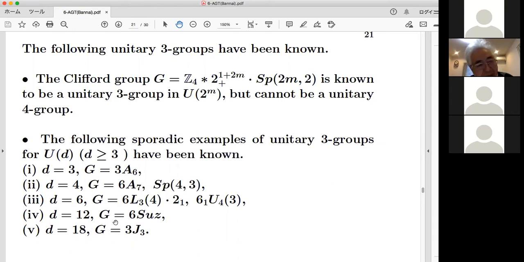These are sporadic examples and one infinite family. And this J3 is the third Janko group. So there are some examples of unitary 3 groups, but no unitary 4 groups were known for D at least 3.